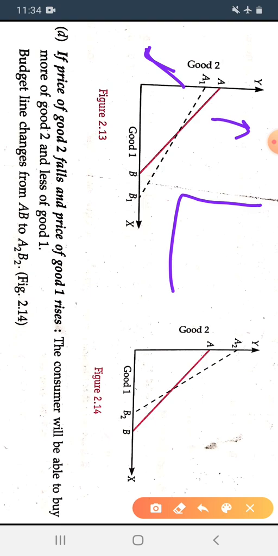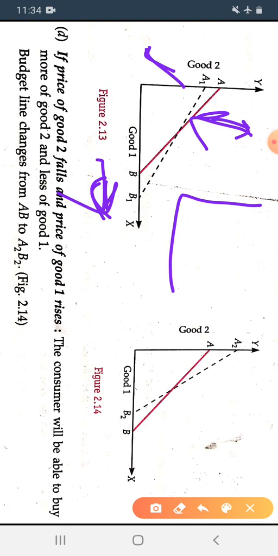And when the price of good 2, that is B, rises, it will shift here. So in this condition the consumer will be able to buy more of good 1 and less of good 2.